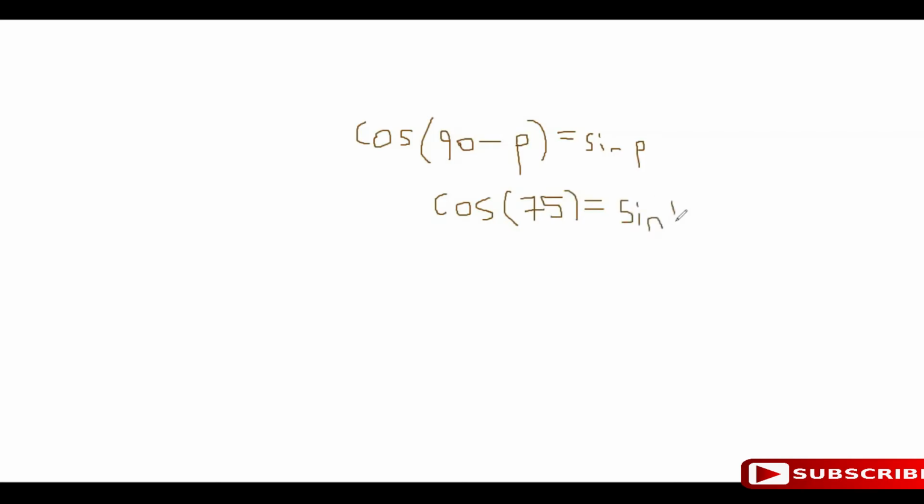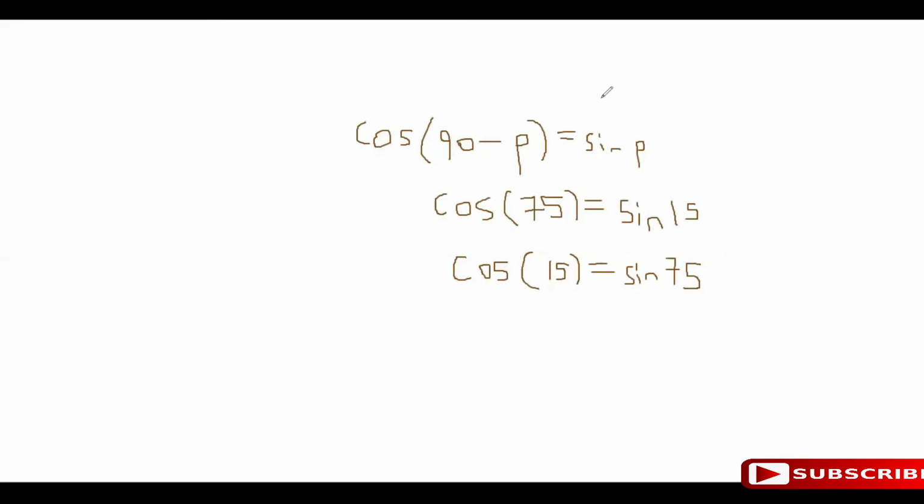And if p was 75, then the cosine of 15 is equal to the sine of 75. So there's a reason why I'm showing you this.